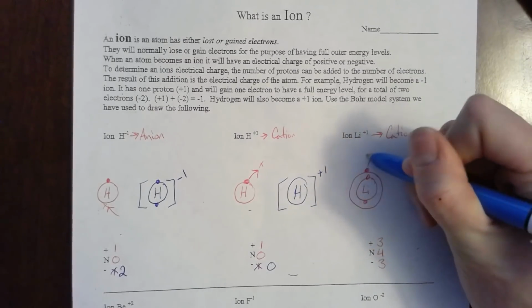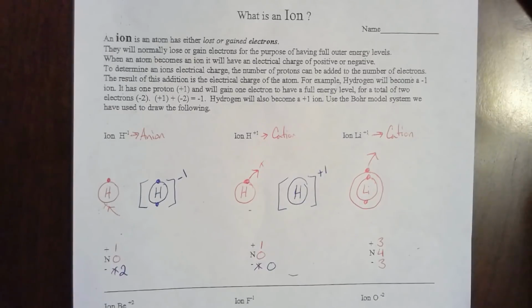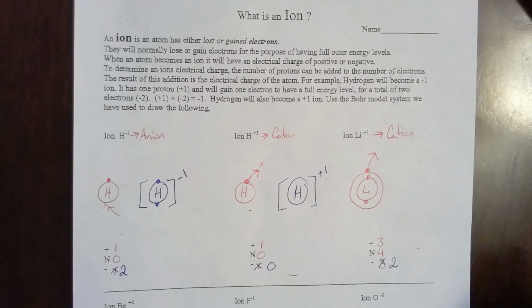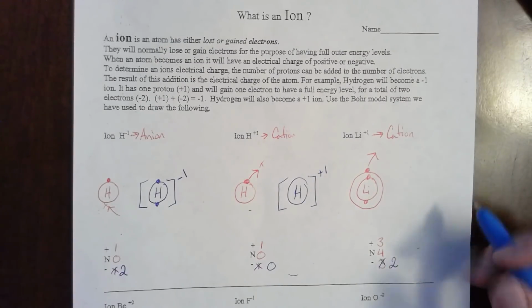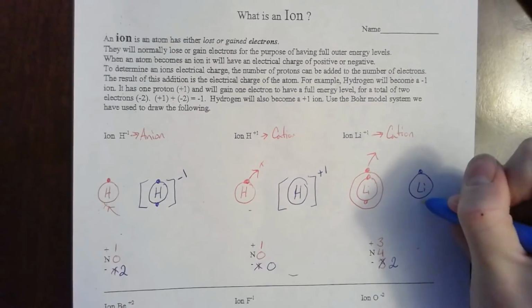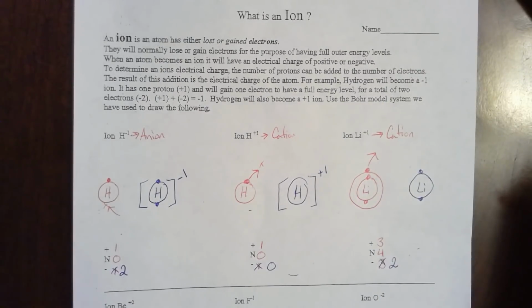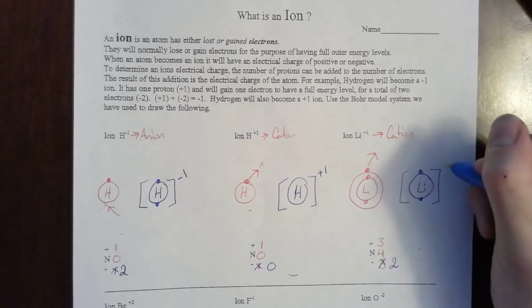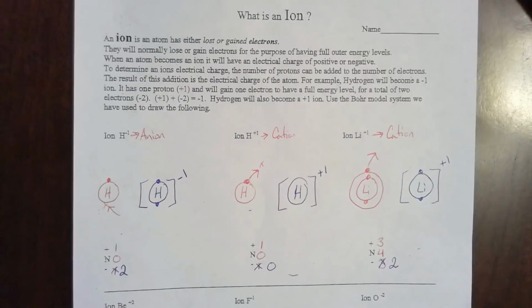That 3rd electron is going to leave the atom. When it leaves the atom, your electron count changes to have 2 electrons in its outer shell. So it's going to look like helium. So when I draw my new atom, it has the 2 electrons in the outermost shell with a +1 charge.